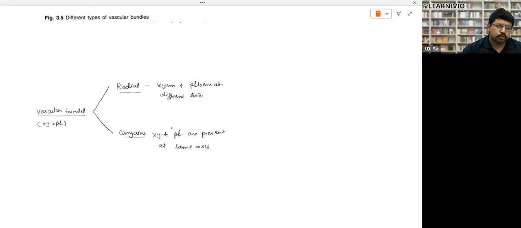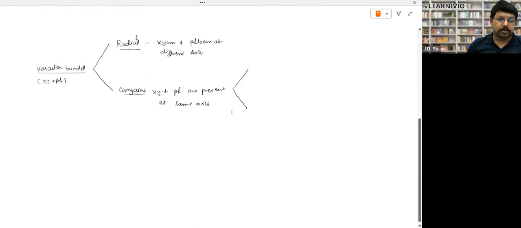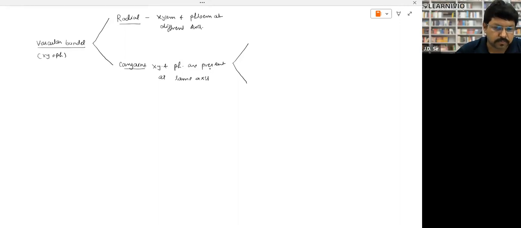Again, conjoint vascular bundle may be of further types. Radial has just a single type. Conjoint vascular bundle may be either collateral or bicollateral, and one more category is present.